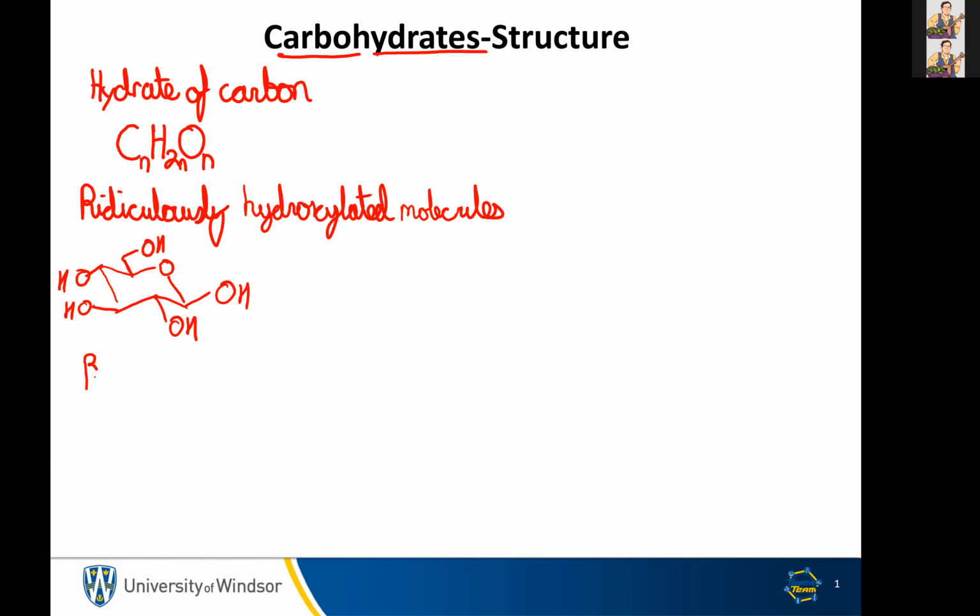So this is called beta D glucopyranose. You'd also call it beta D glucose. It is also known as D-glucose. So why are there so many names for the same thing? Well, it's because this is not a stable molecule. You put this into water, it does not stay like this. So we're going to pull apart what all these things mean.